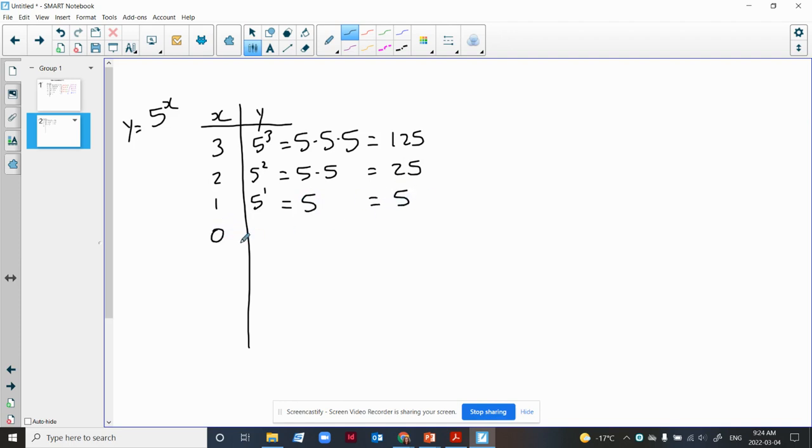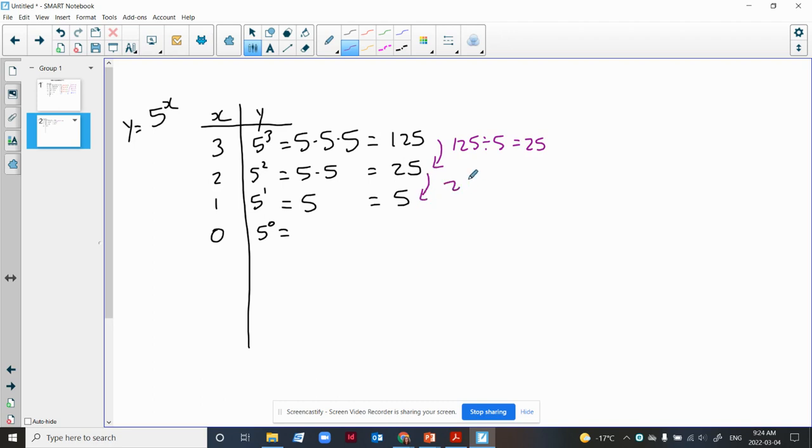And then what's going to happen for 5 to the exponent 0? Again, we can see that we're decreasing by a factor of 5, so we're dividing by 5 each time. That's our ratio, which makes sense. That's our base number. 125 divided by 5 equals 25.